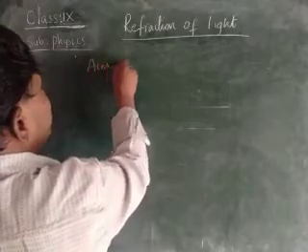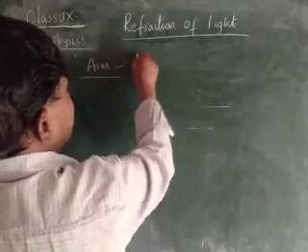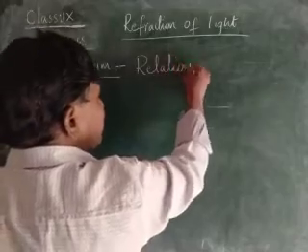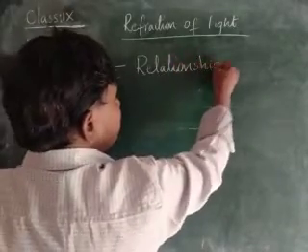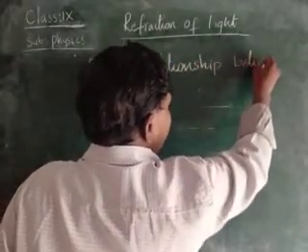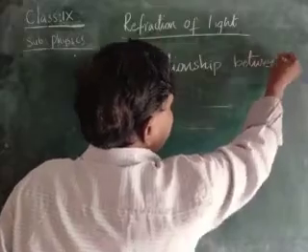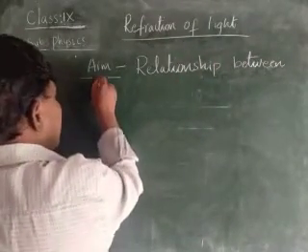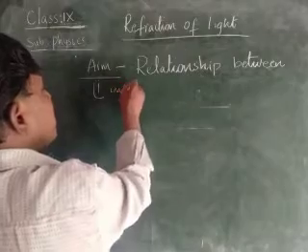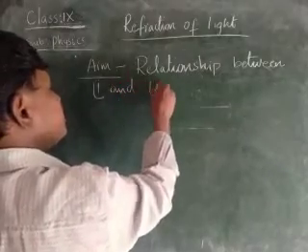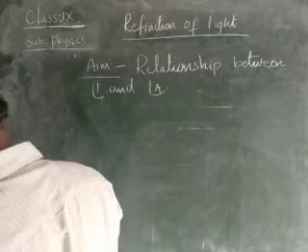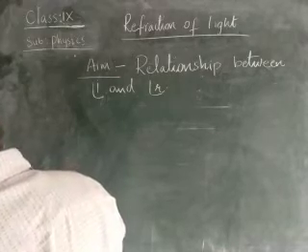Aim is to find the relationship between angle I and angle R. That is angle of incidence and angle of refraction.